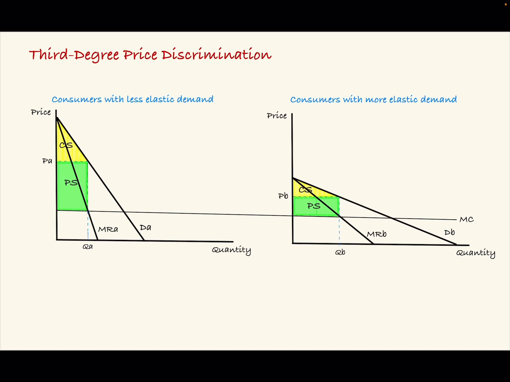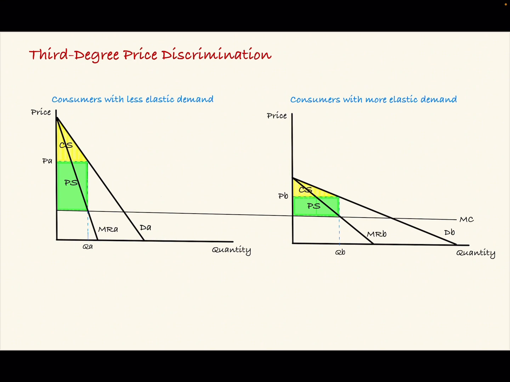For consumers with more elastic demand, the profit maximizing quantity is at QB. The corresponding prices for these two quantities are PA for less elastic demand and PB for more elastic demand. Now, based on these differences in price, we can see that the area for consumer surplus and producer surplus also changes.